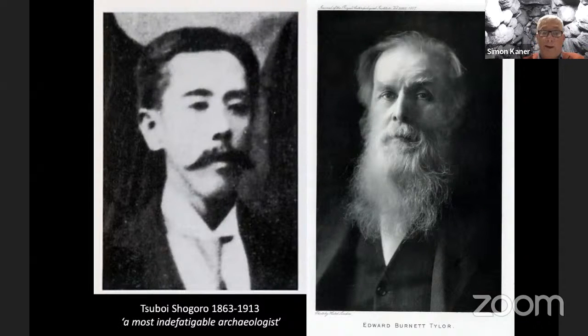Gowland writes about Tsuboi, describes him as a most indefatigable archaeologist. But one of the reasons that Tsuboi has to come to London, and Tsuboi is actually the professor of anthropology, he's the first professor of anthropology at the University of Tokyo, is that he has been investigating tombs such as this, and he also starts to investigate some of the ones which are related to imperial ancestors.